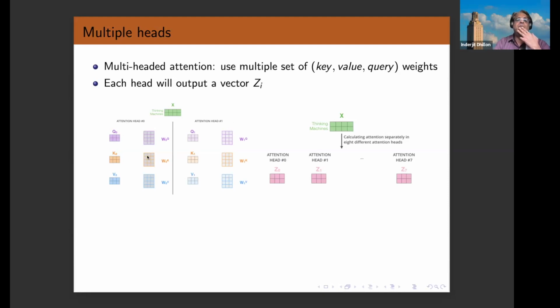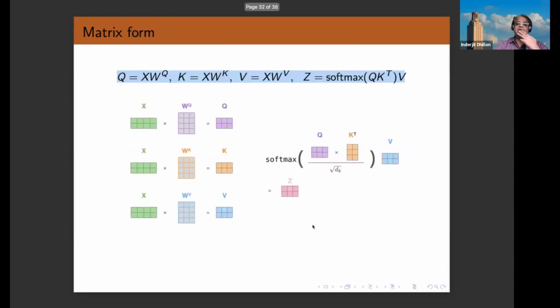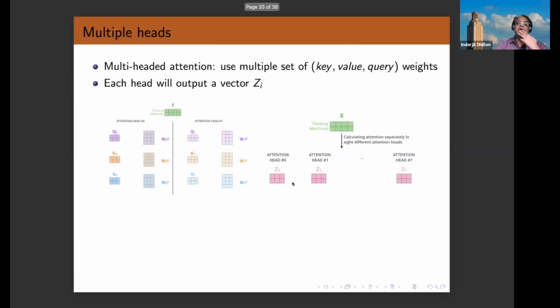The output of attention head number 0 is going to be something like Z0, like over here, except you put a subscript on it. And similarly for attention head 1, which corresponds to these different matrices, you have Z1. Typically you'll have, let's say, 8 attention heads, in which case you will have Z0, Z1 through Z7.